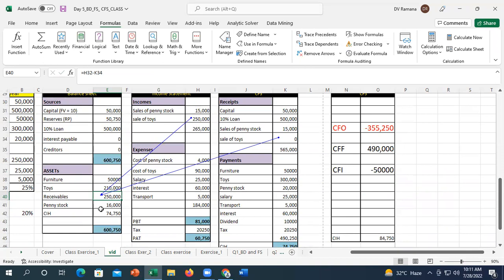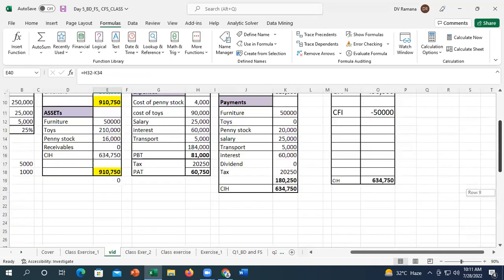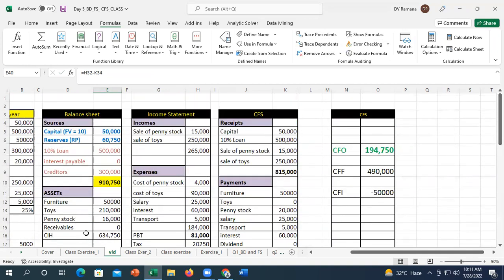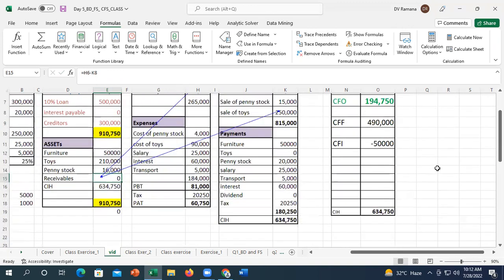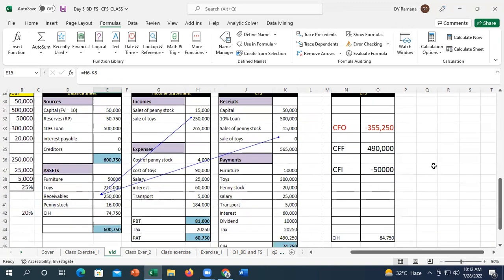Can you see that? Company has sold. Entire sales is on credit. In the previous case, the receivable is zero. Entire sales was for cash. So it is possible that any company may be having consistent profit, but they may not be converting the profit into cash flow.